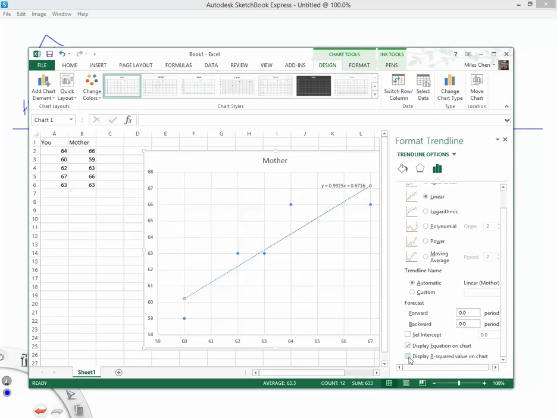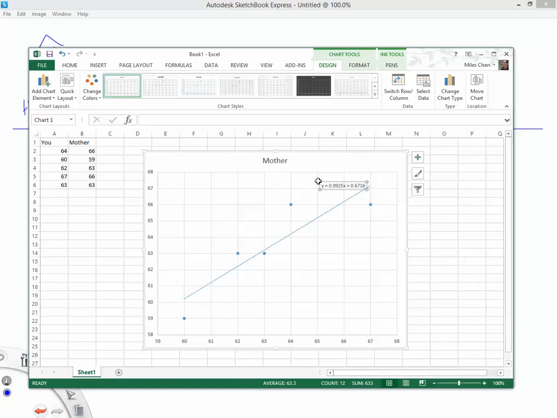I don't know if you guys can see this. In Excel, you can ask it to, oops, I don't know how to make this bigger. Well, it's tiny here.